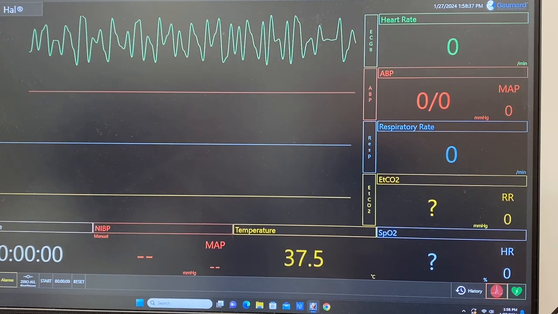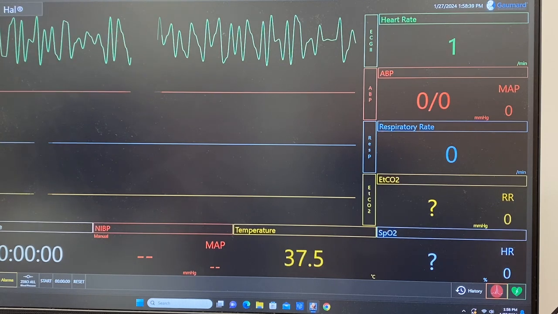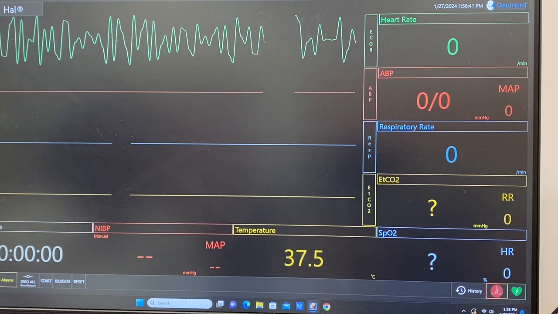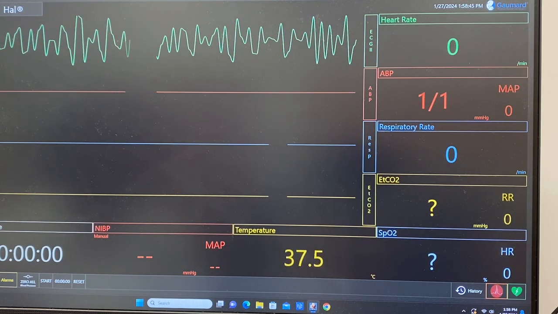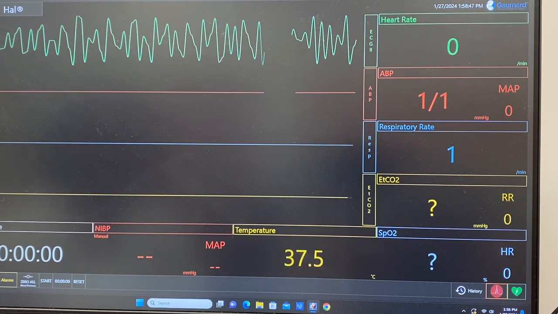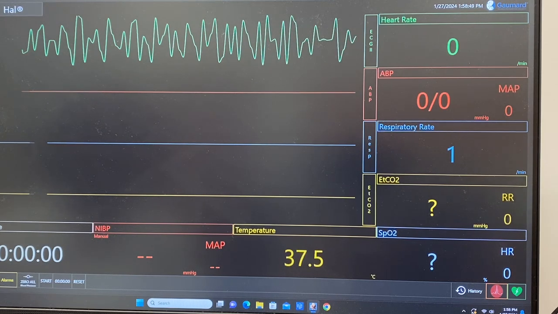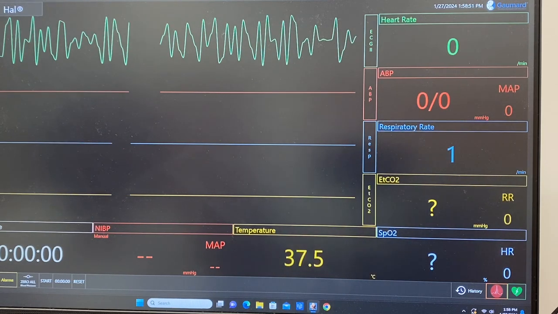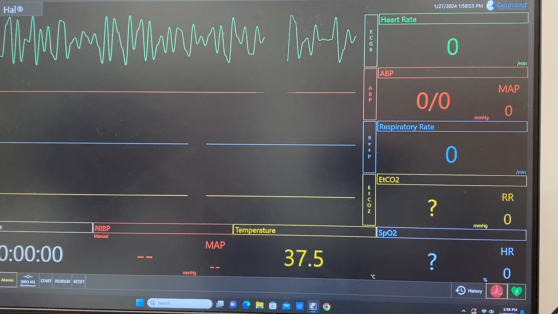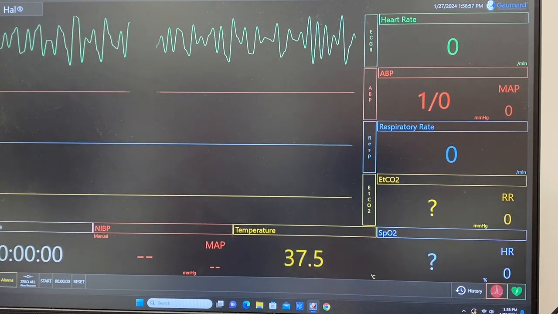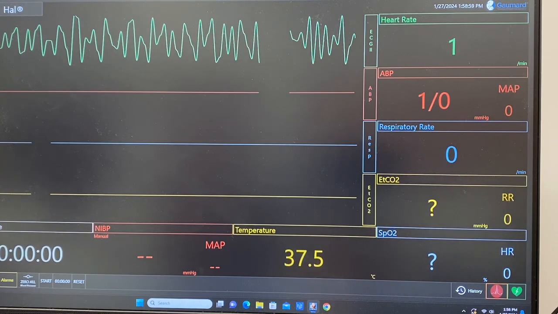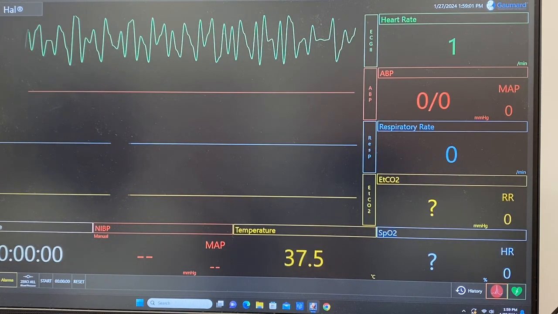Okay, how could you describe this rhythm? What is a good keyword that you might use to describe this rhythm? Other than tachy, we can't call it tachy. What's wrong with it? Inconsistent. What is another word that might be a good word to use? Indistinguishable, possibly.